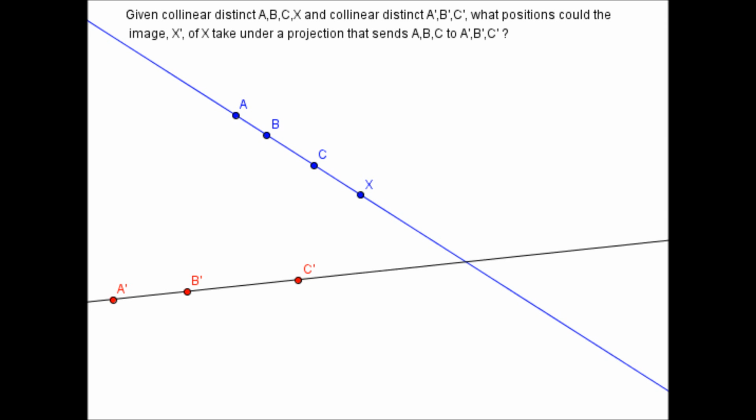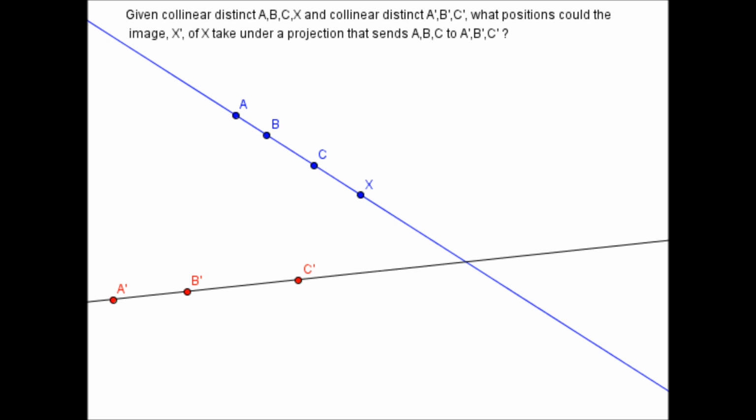Now the question is, where can the image X dash of X be on this second line? If we have some projectivity, could it be in different places? Could it be the case that there could be several different projectivities which map A to A dash, B to B dash, C to C dash, but don't necessarily always send X to the same place?